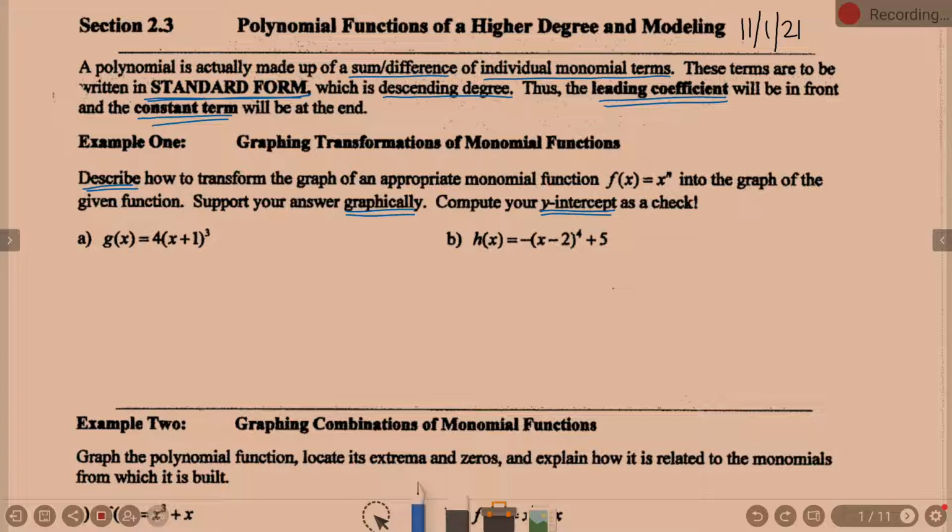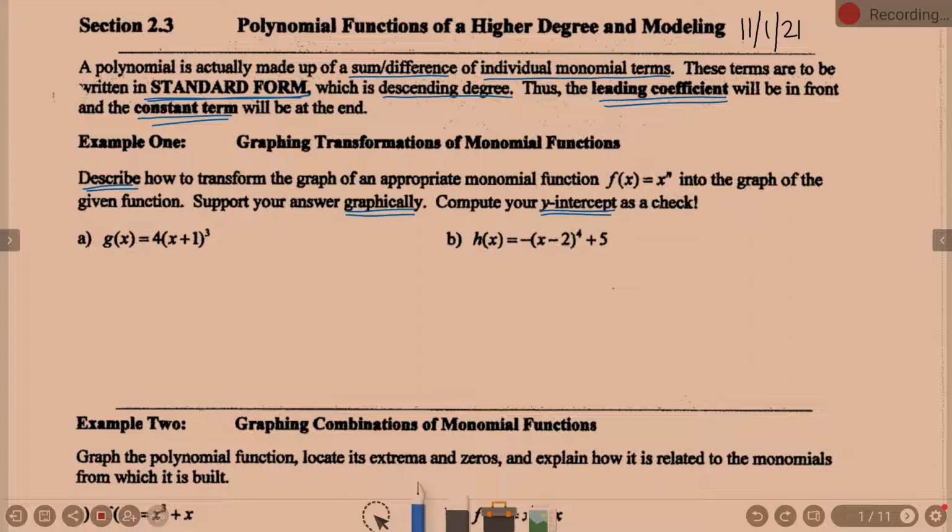But let's just look at A and try and break it down. g of x equals 4 times x plus 1 raised to the power of 3. What can you tell me about this graph? What's it look like? What's it do? Anything you can tell me about it? It moves left 1.